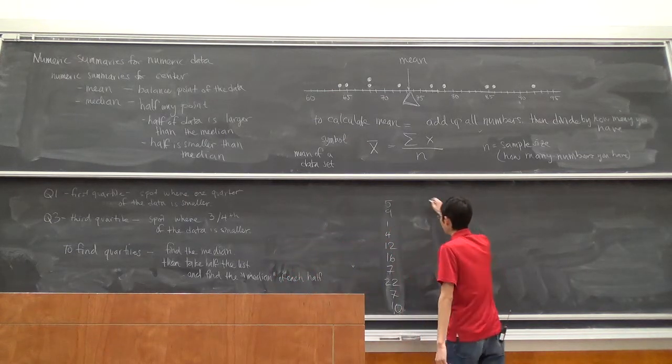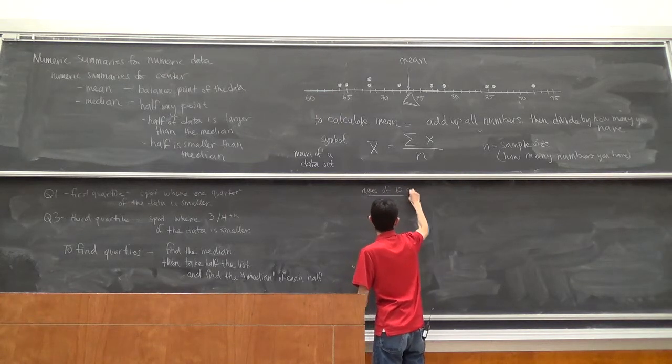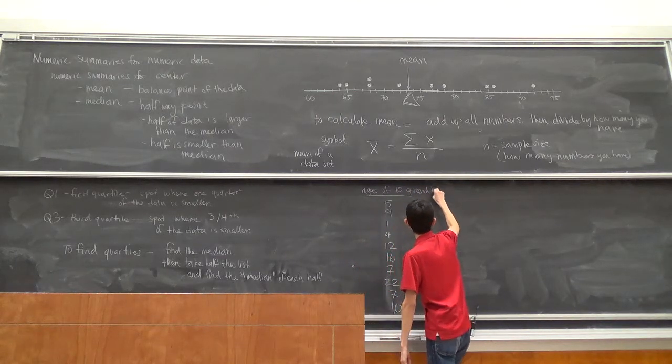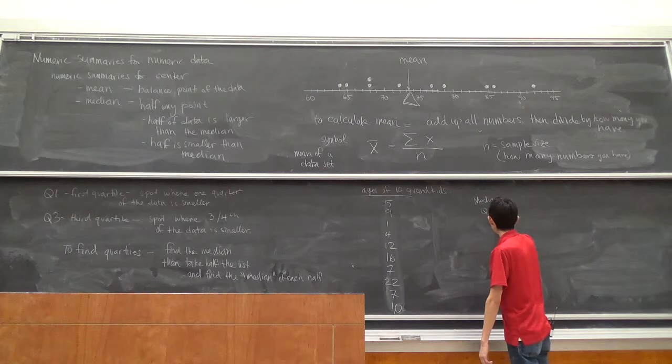So these are the ages of 10 grandkids. Okay, so I want you to find the median, find Q1, and find Q3.